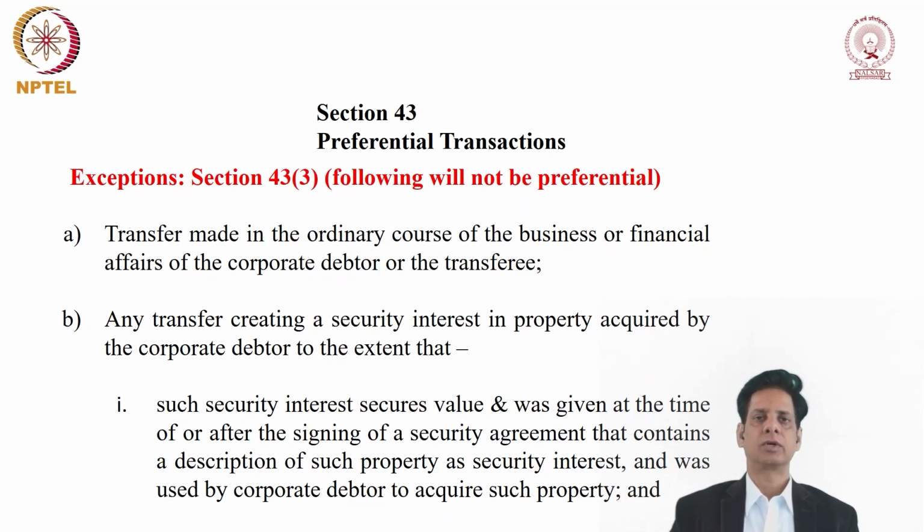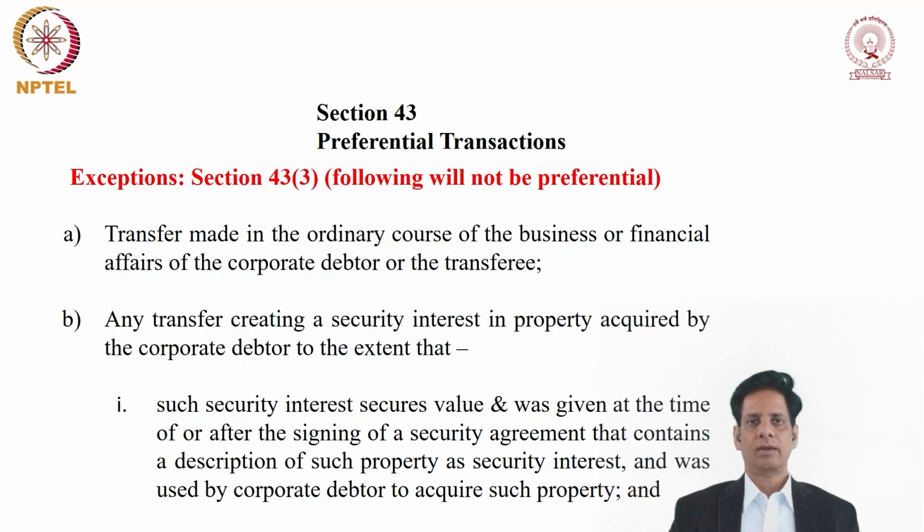However, Section 43 also gives exceptions where a certain transaction will not be dealt with as a preferential transaction and hence will not be set aside. What are those transactions? Number one, transfer made in the ordinary course of the business or financial affairs of the corporate debtor or the transferee.